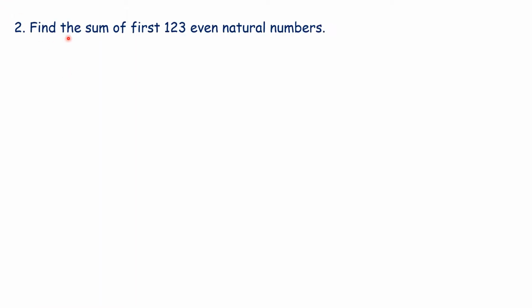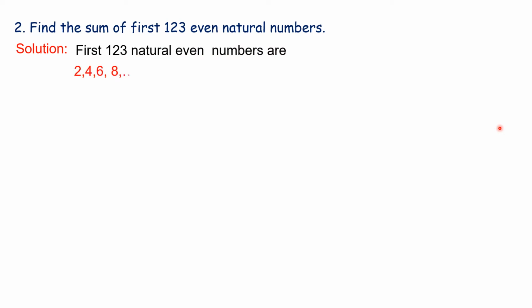Second example, find the sum of first 123 even natural numbers. Solution: first 123 even natural numbers, we start from 2: 2, 4, 6, 8, and so on.